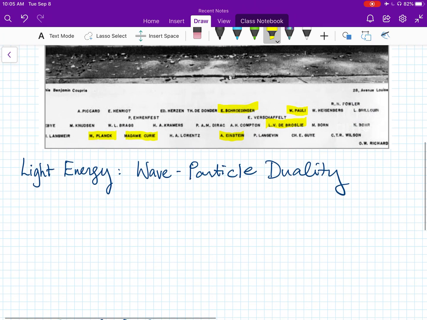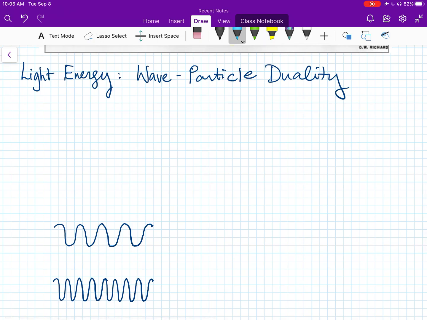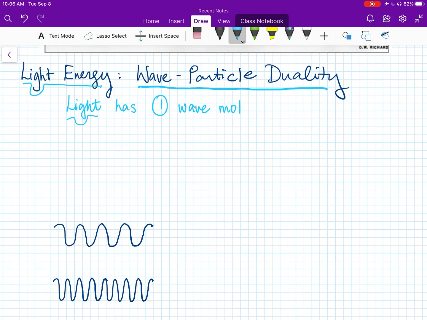Today, we're going to talk about light energy and what it reveals about atomic structure. So light energy is really important. And when we think about light, we can use light and energy synonymously. We can think about it as having both wave and particle-like properties. Light has wave motion properties, so traveling in a wave, for example, having a wavelength.